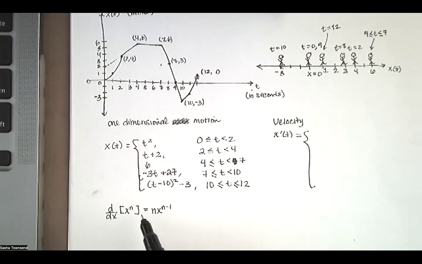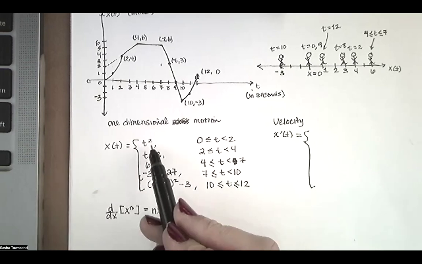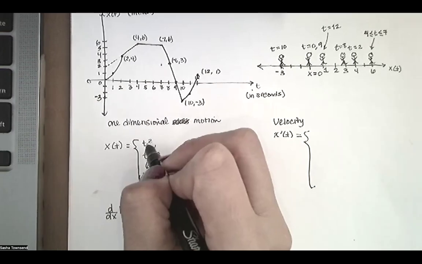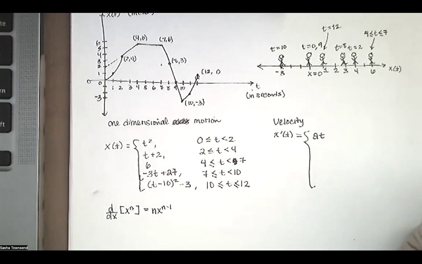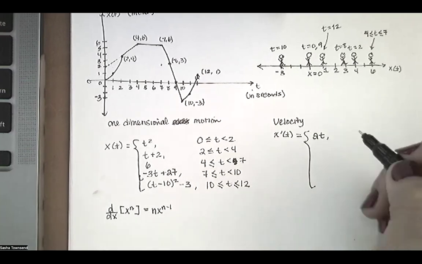It's called the power rule. If you have a variable raised to some power and you're differentiating with respect to that variable, then we just bring the power down and multiply by that variable to the 1 less power. We're going to use the same thing here, but there's a t instead of an x. Same rule applies. So we'll bring the 2 down, then multiply by t to the 1 less power. And that's going to be the derivative on the interval from 0 to 2.